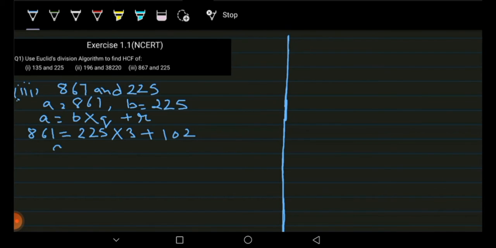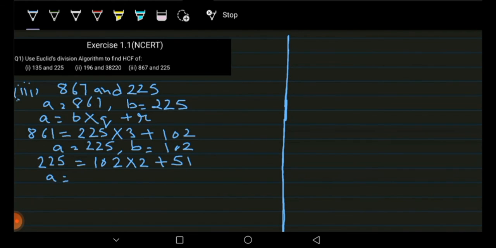Again now A will become 225 and B will become 102. Again putting in the formula, we get 225 is equal to 102 into 2, and the remainder will be 51. Again A will become 102 and B will become 51.